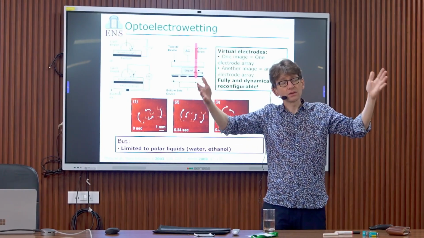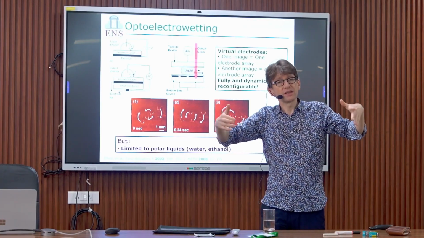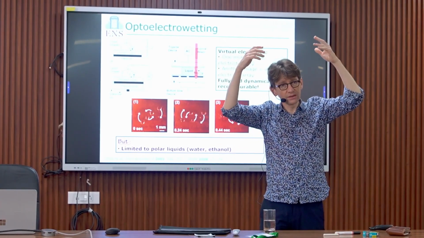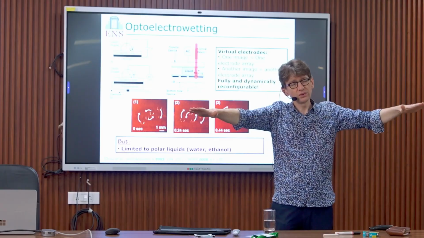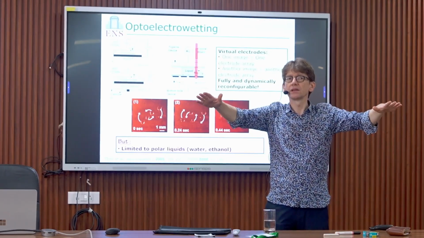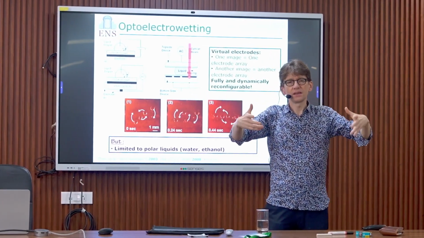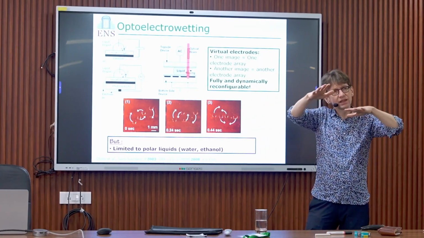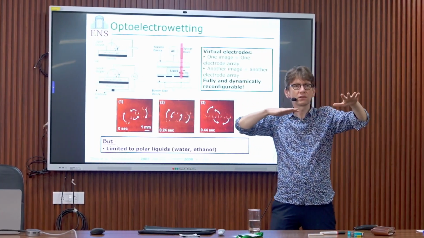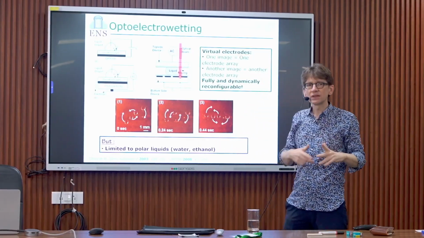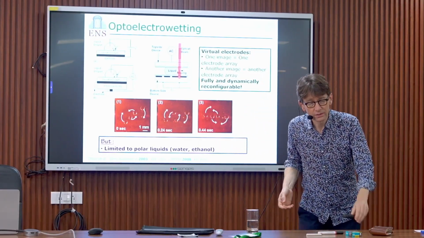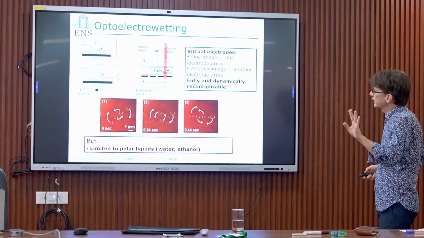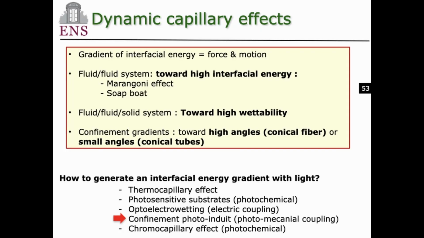Now it becomes so easy to make gradients because you can just send an image to your device. So you have a uniform electrode, but then you put an image, and it's like you have a virtual array of electrodes, and as soon as I change my image, this array of electrodes is changing, and with that you can manipulate droplets as much as you want. Very interesting concept from my point of view.